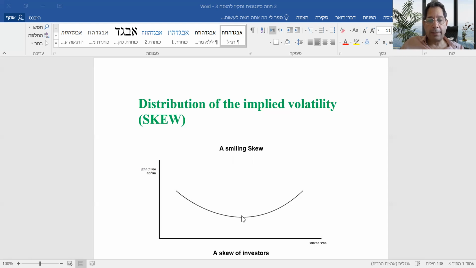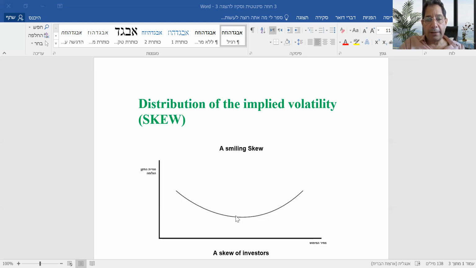How the implied volatility is distributed is called the skew. Many times we have a smiling skew. That means that the market thinks that getting an uptrend or downtrend has a higher possibility than the ordinary distribution that Black-Scholes assumes.